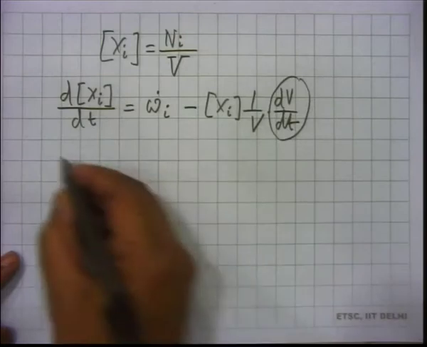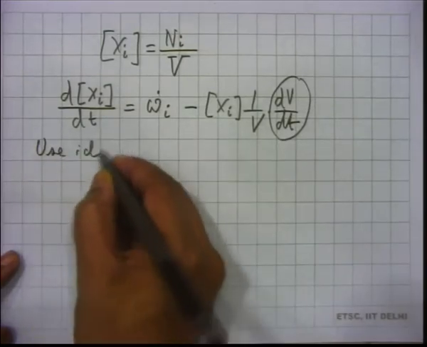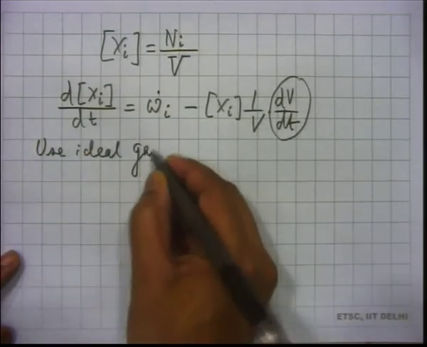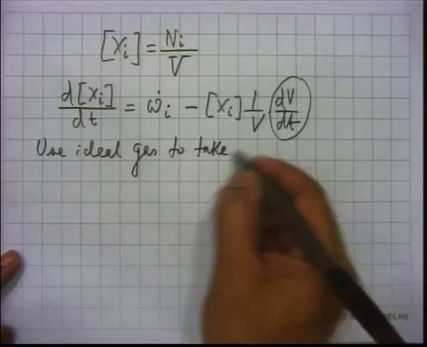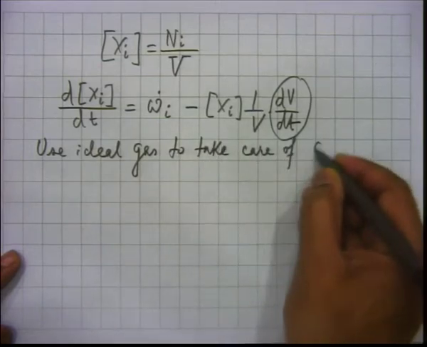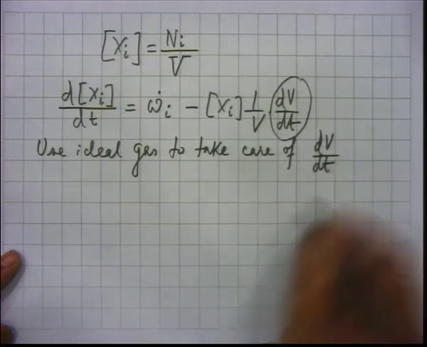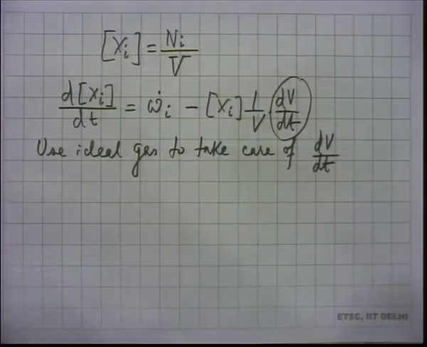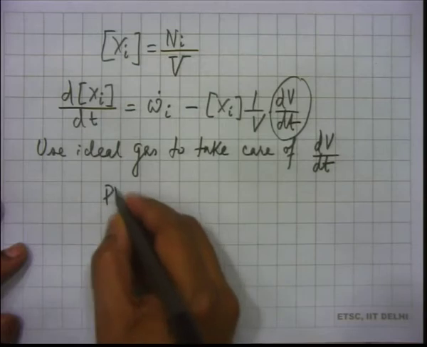We will use ideal gas to take care of dV/dt, and we will use something like this.